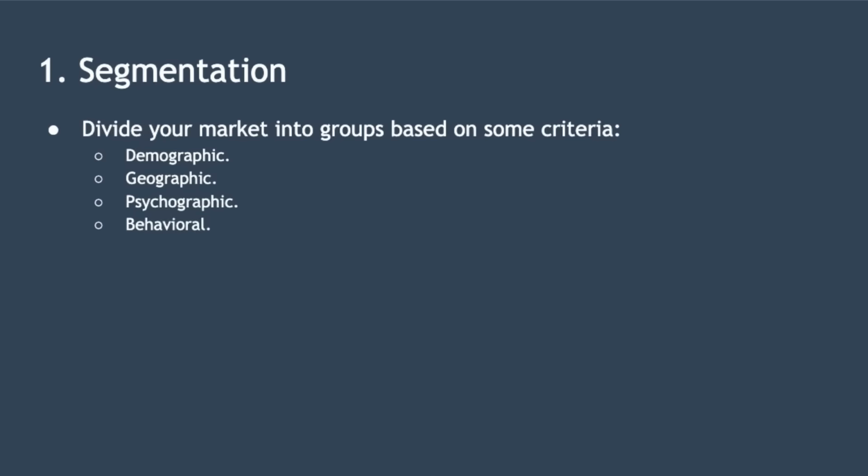So the first step of the STP process is to segment your market. And here you divide your market into groups based on some criteria. And there's a number of criteria you can use. So first we have demographic segmentation, and that's where you divide your market based on a combination of maybe age, gender, income level, education level, marital status, etc. You can divide your market based on geography, so sorting your market by country, region, state or province, or even urban or city area.